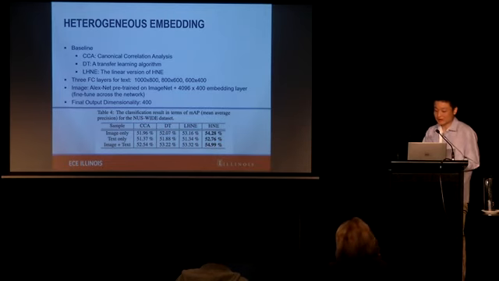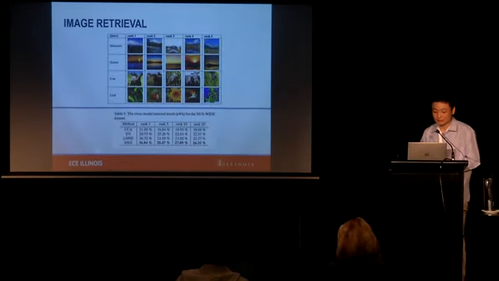So you can see the improvement just by enabling the joint learning, if you compare the last column with the linear version of the last column. And also, the natural task to evaluate the cross-modality embedding is to do retrieval. So here we use the standard benchmark on that data set to do the retrieval in this joint space. And this method is much better than those methods which don't take the network structure into account.